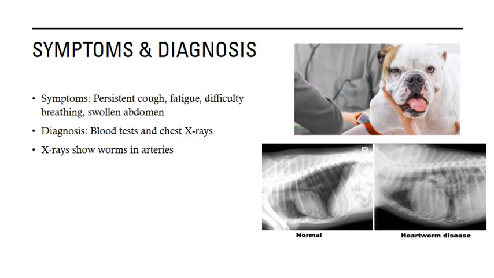Now I'd like to go over symptoms and diagnosis. Dogs with heartworm disease may have resistance, cough, fatigue, difficulty breathing, and a swollen abdomen. Vets diagnose heartworms using blood tests and chest x-rays, which can show worms in the arteries.